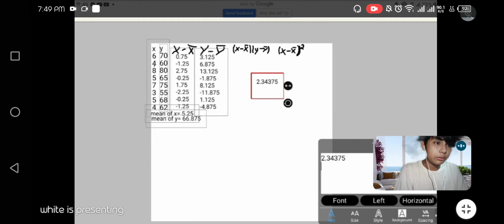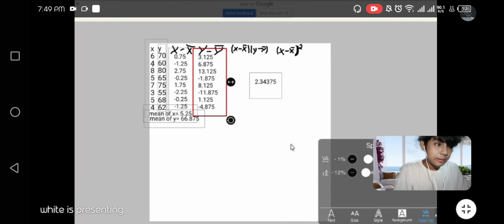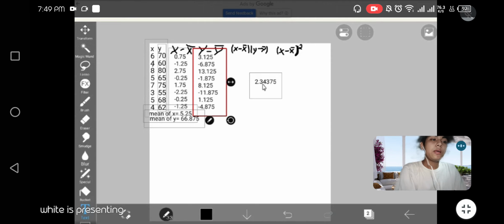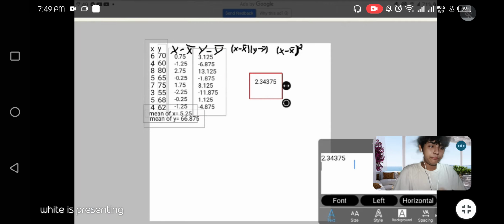I forgot to lagyan. So we're going to give it a negative. Kasi hindi siya magpa-positive pag hindi natin siya nilagyan. Kasi negative times negative will be positive. So, sagot nito is 8.59375.